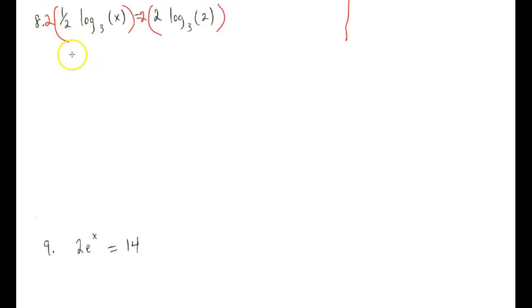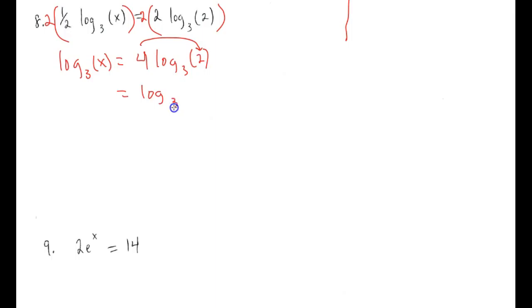And of course, 2 times 1/2 is just log base 3 of x. And on this side, this would be 4 log base 3 of 2. And so now I can take this 4 that I have right here and put it back as the exponent for that.